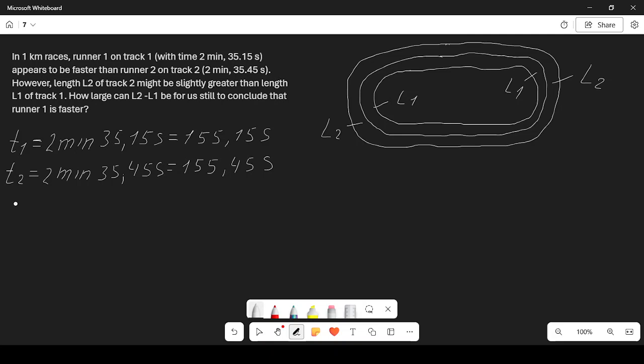We suppose that the length of track number 1 is 1 kilometer. So it's 1000 meters.